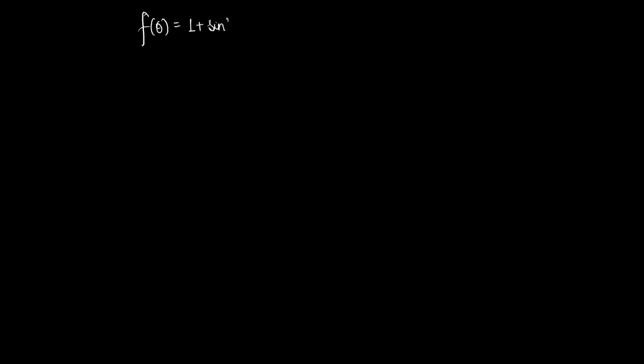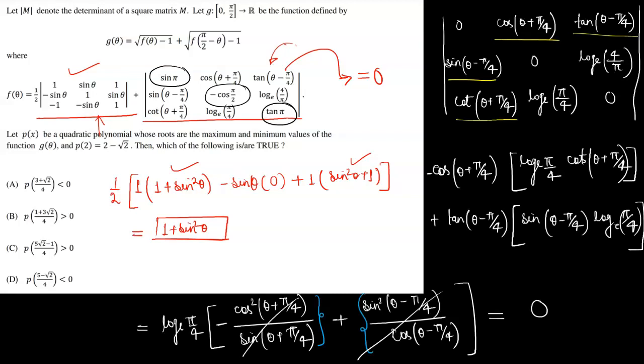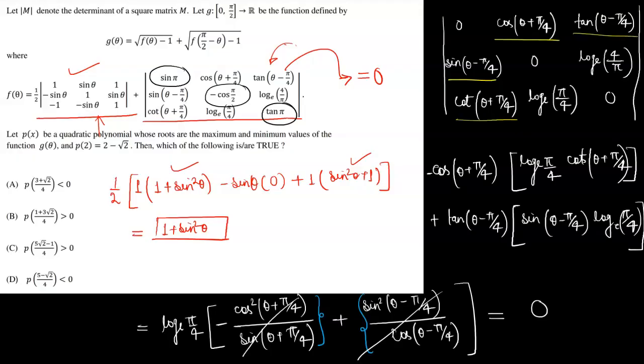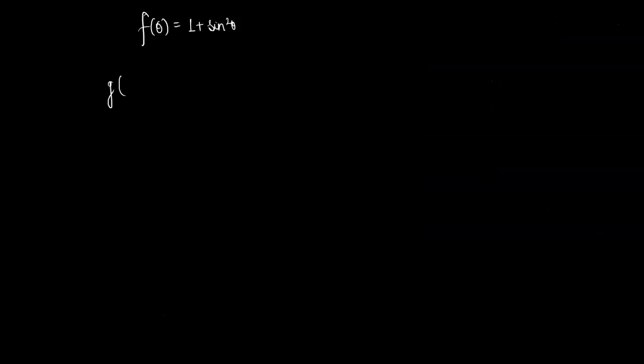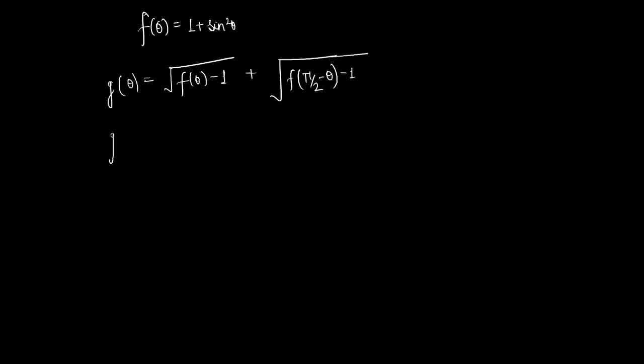Okay, now since g theta is further taken in terms of f theta, which is f theta minus 1 plus f of pi by 2 minus theta minus 1, all under a root, let me substitute this f theta here. So here there will be sine theta.